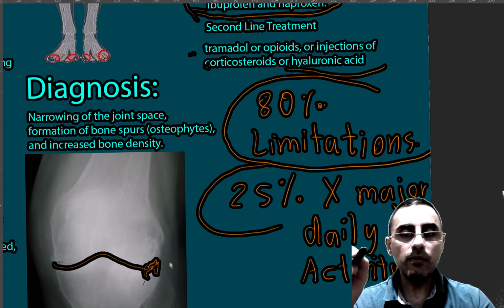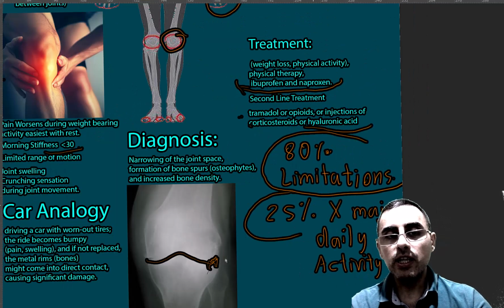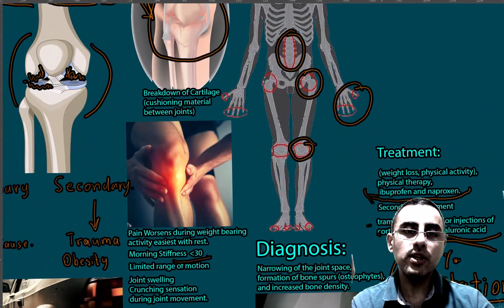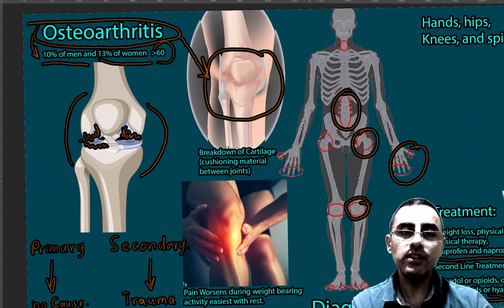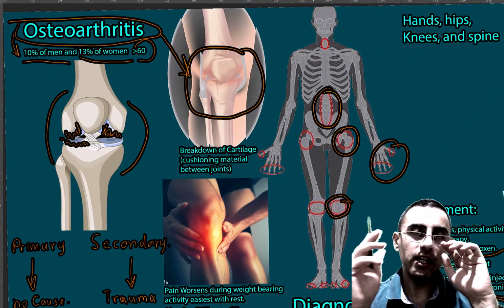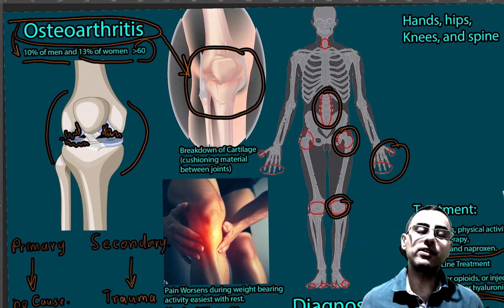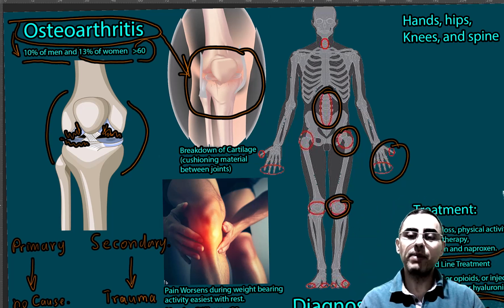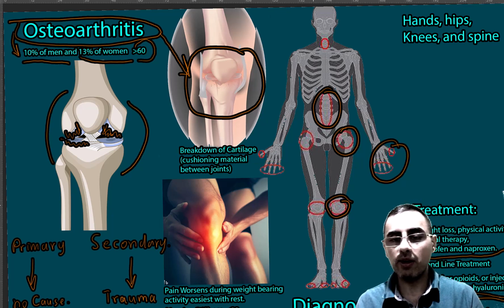So that's why osteoarthritis major cause of disabilities in the world. That's why, if person says that he has joint pain or joint stiffness, first we think about osteoarthritis.